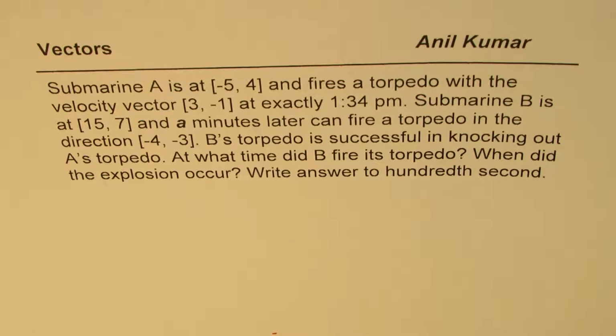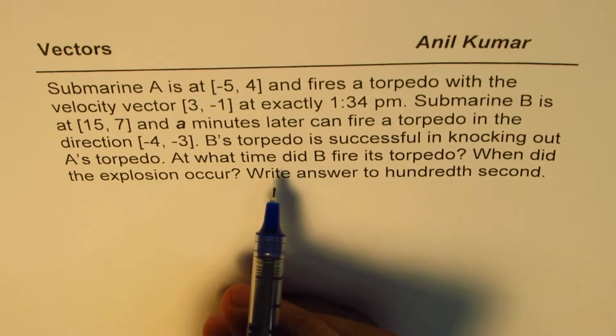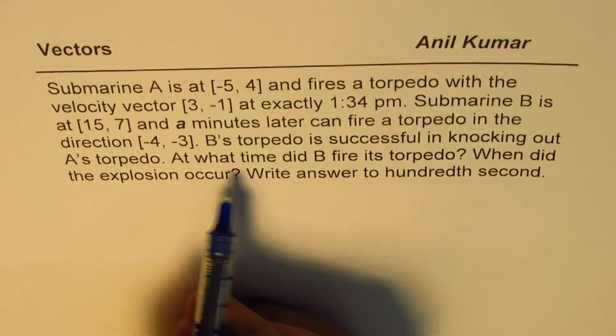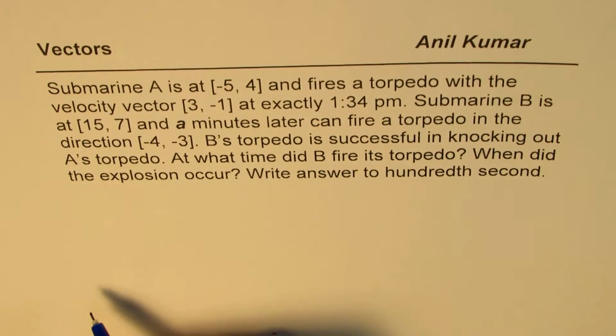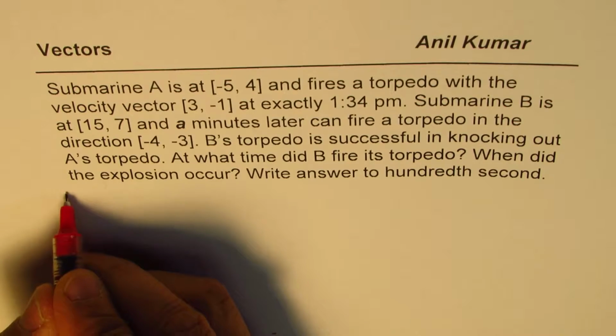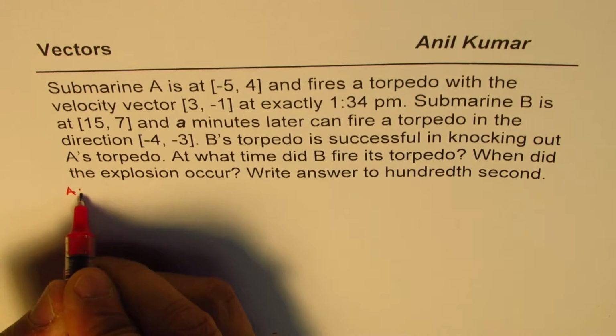You can pause the video, answer the question, and then look into my suggestion. Now, in such questions, we need to write the displacement vector equation for both the torpedoes, and then we can find their point of intersection. So let's write down for submarine A first.